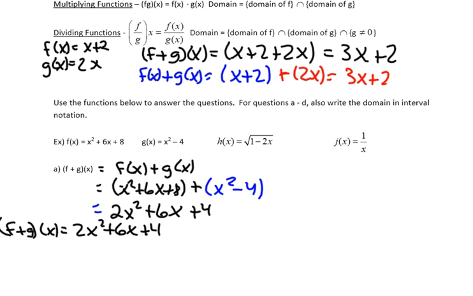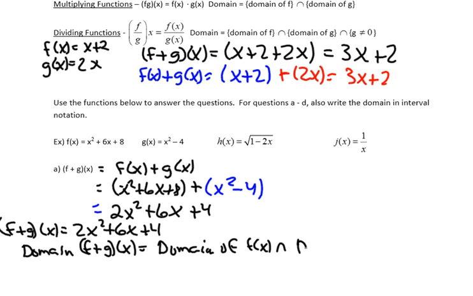Okay, now let's write the domain. The domain of f plus g of x, well, that's the same thing as the domain of f of x intersecting the domain of g of x. Well, f of x is a quadratic function.